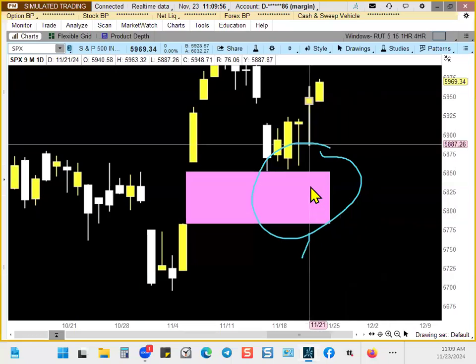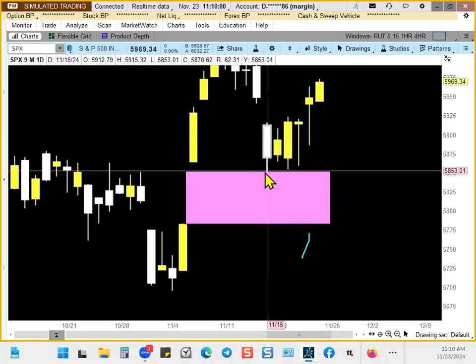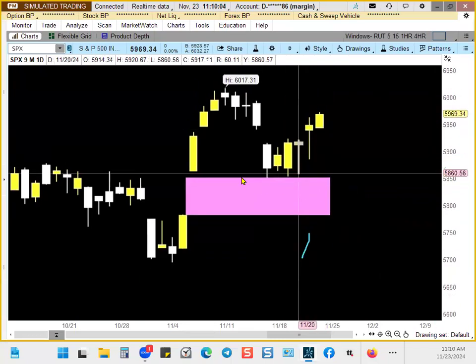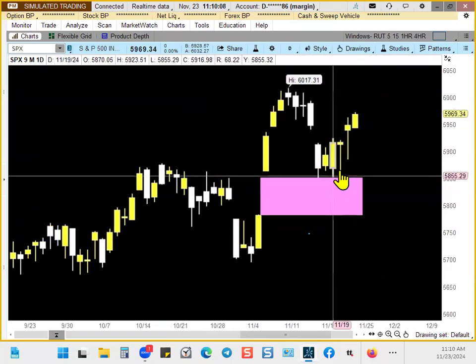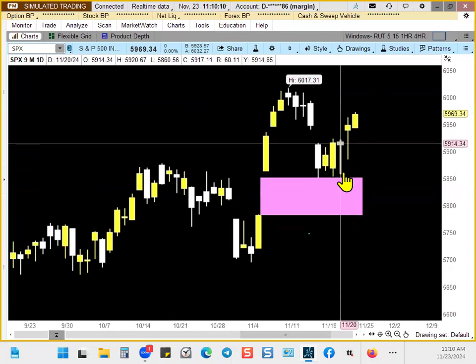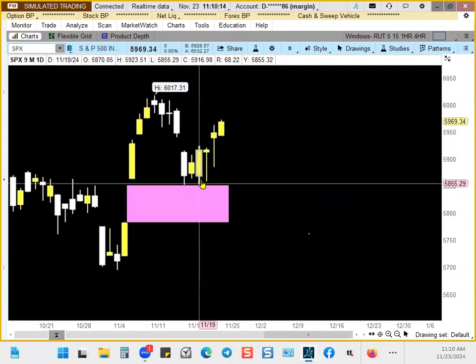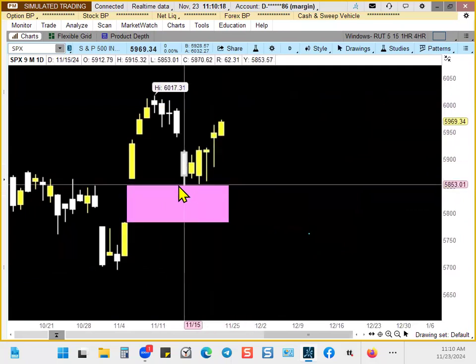Exactly. And to be honest with you, I started figuring out that the force at which it bounces off the gaps seems to be a signal sometimes of what could happen next.